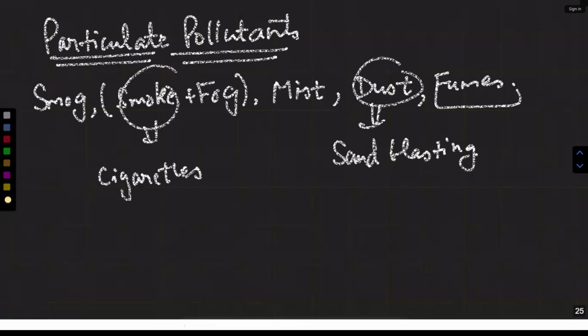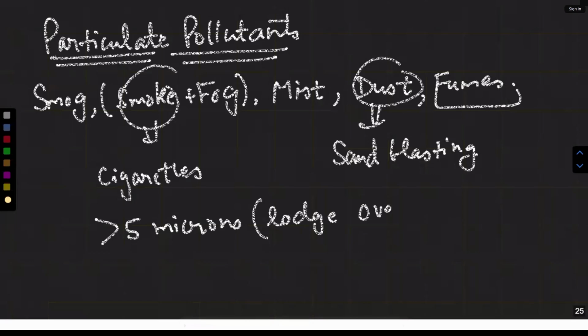These particulate pollutants are very harmful to human health, especially those greater than 5 microns, which lodge in our nasal passage and cause us difficulty in breathing.